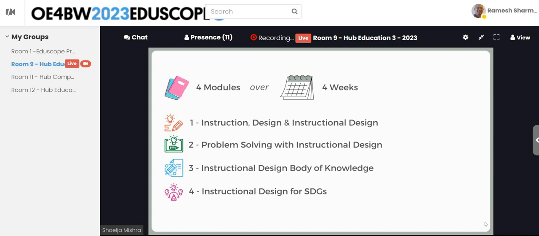And as we come to the fourth module, the final module, we are combining the knowledge gained from these three modules to get insight into some case studies that show how it is creating some impact in SDGs beyond the education, across many SDGs given by United Nations.